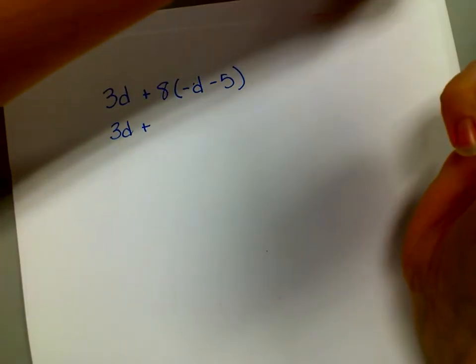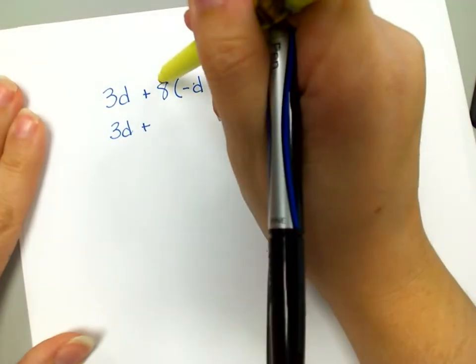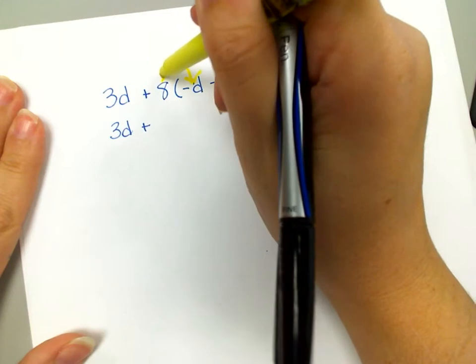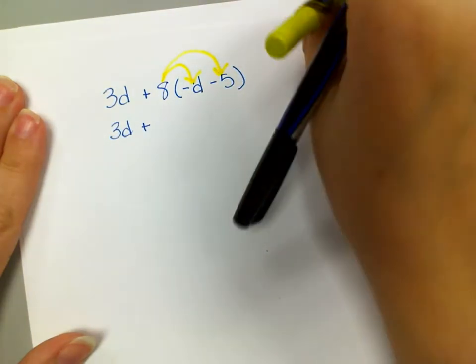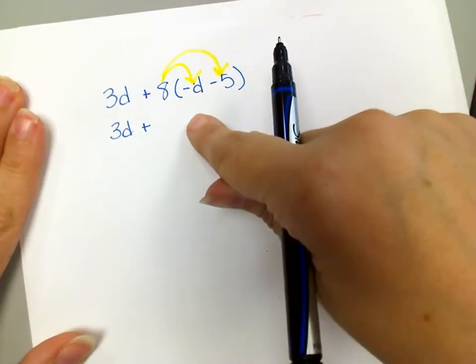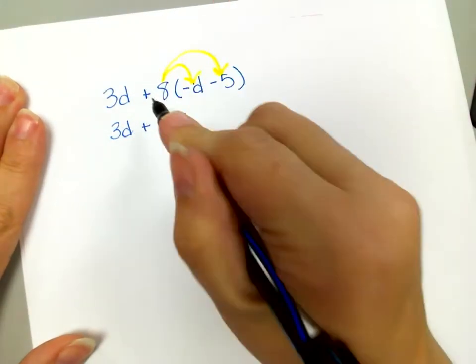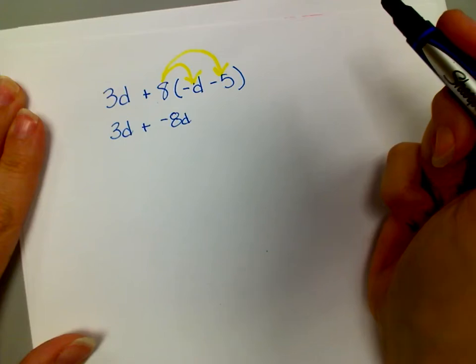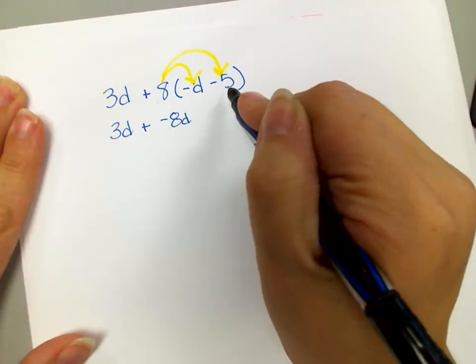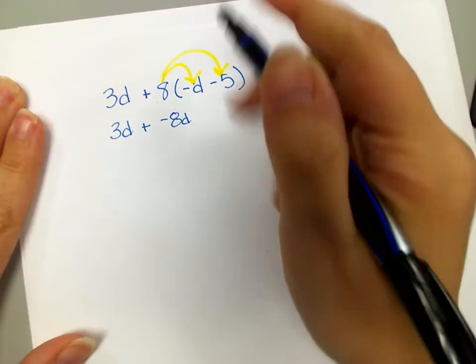It might even help just to say times here, then times here. So 8 times negative d, that's just going to be negative 8d, and 8 times negative 5, that's going to make a negative 40.